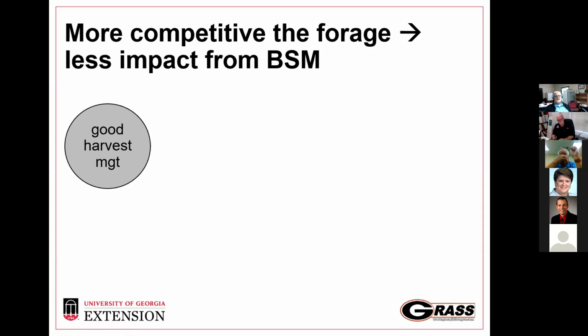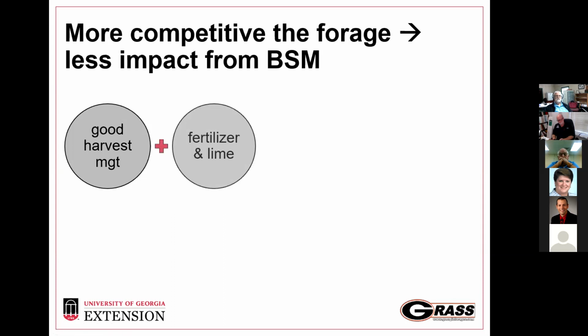And I think that's a generalization that's quite true in most ag production systems, particularly in forages. But in any crop, the healthier the crop is, the more productive, the more competitive the crop is, the less impact there will be from potential pests.